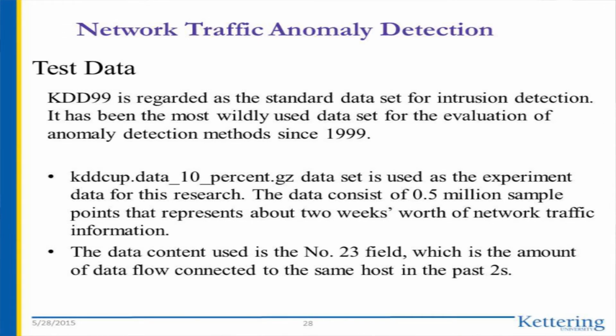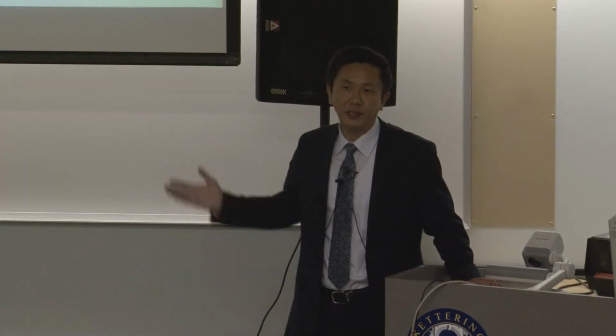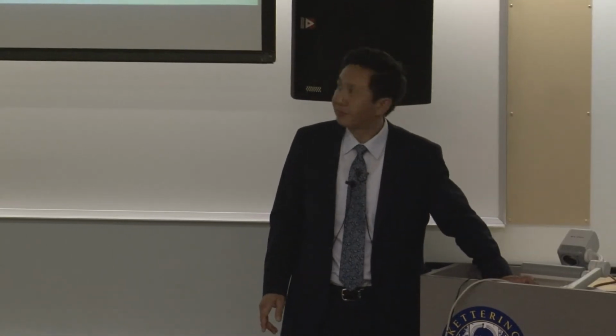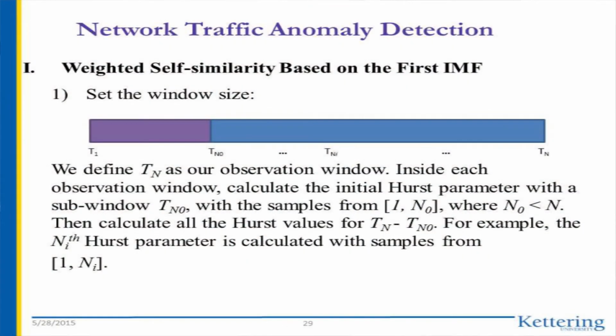The test data, we used the standard KDD data. Again, that was collected by an MIT lab, and most people working on internet traffic detection use this data set. The first method we came up with is called weighted self-similarity based on the first IMF.